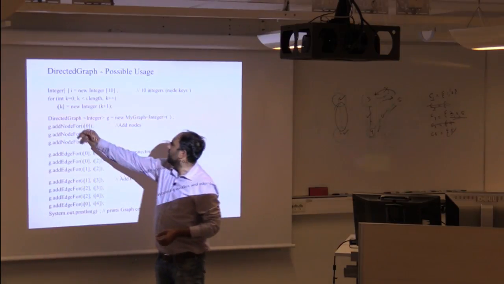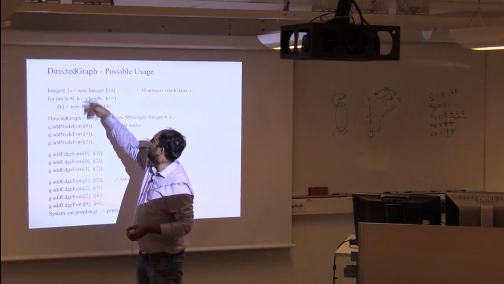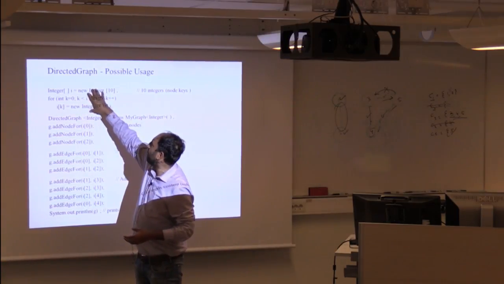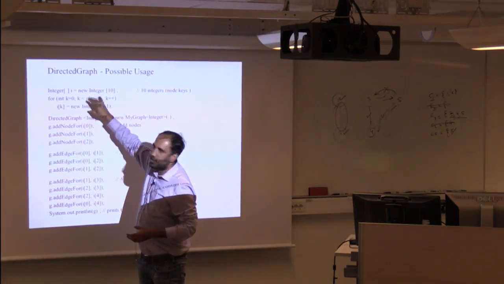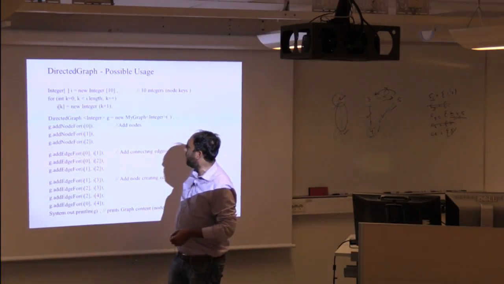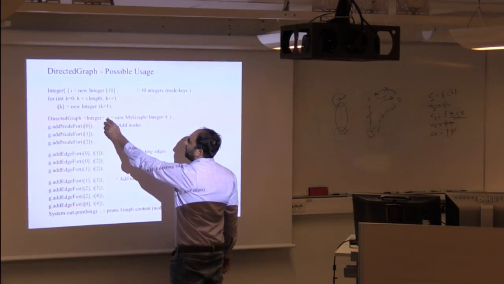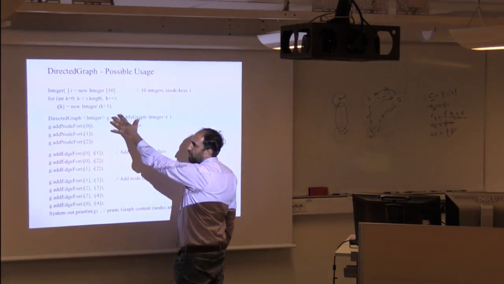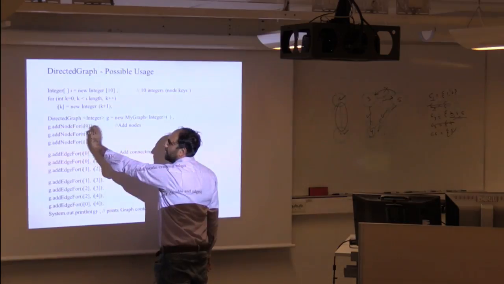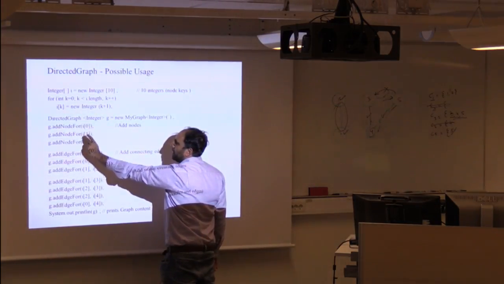And then you can add nodes in that graph. This is just an array of integers to add values for the nodes. But when you create a graph, it is an empty graph. There are no nodes in it. Then you add nodes in the graph by calling addNode for this value, for this value, and this value.